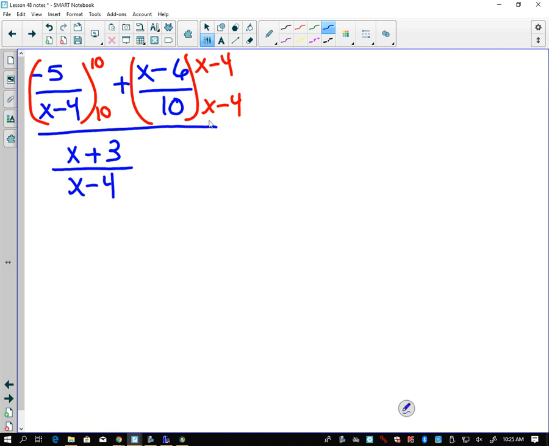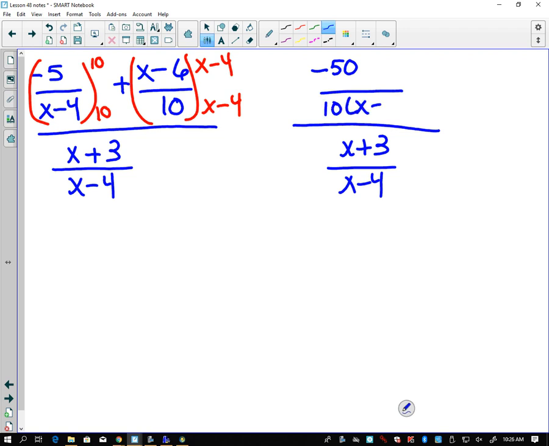So let's write it. We got x plus 3 on the bottom. We got x minus 4 on the bottom. All right, what's negative 5 times 10? Let's just take it one step at a time. Negative 50. At least as far as this goes, we can really leave this as 10 times x minus 4 until we can't do anything else with it.